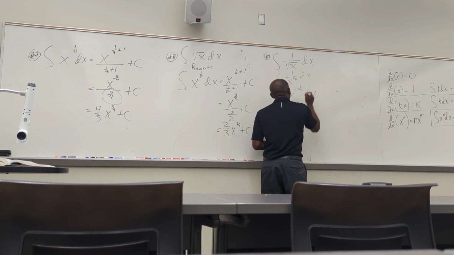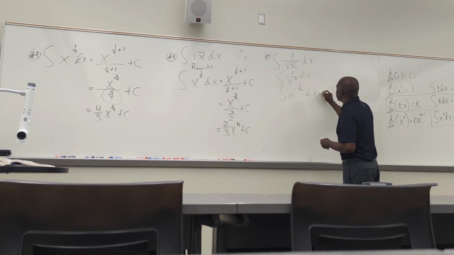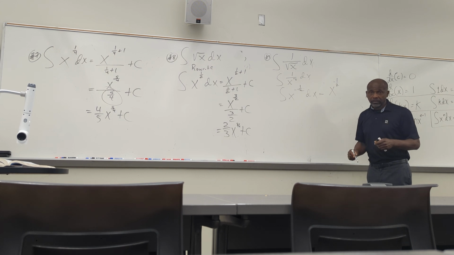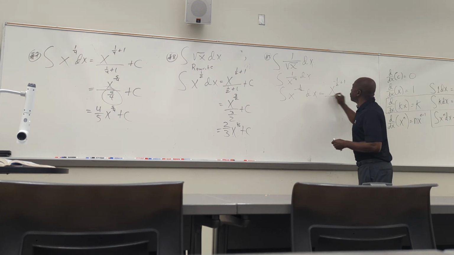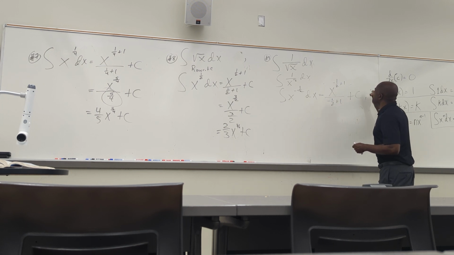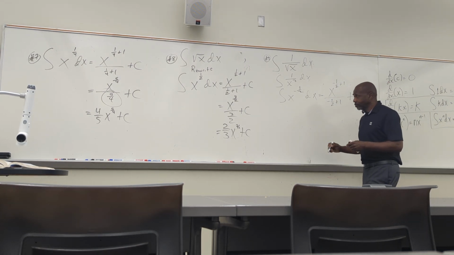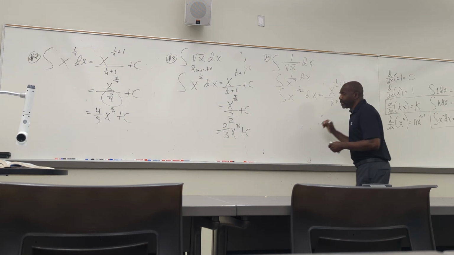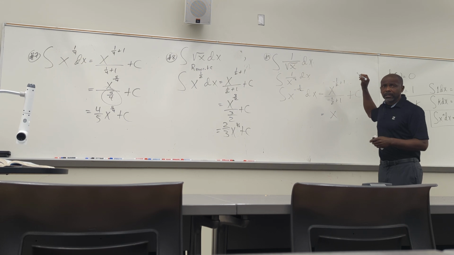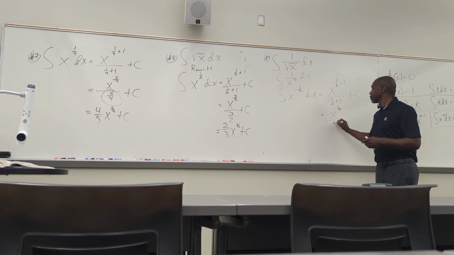Now what do I need to do? So now that becomes x to what power? Plus 1, all over. And what's negative 1/2 plus 1? 1/2. X to the 1/2, over 1/2.